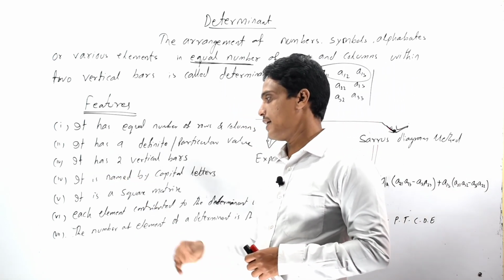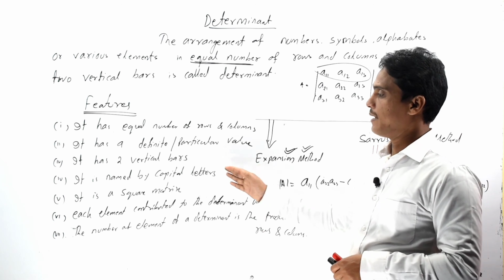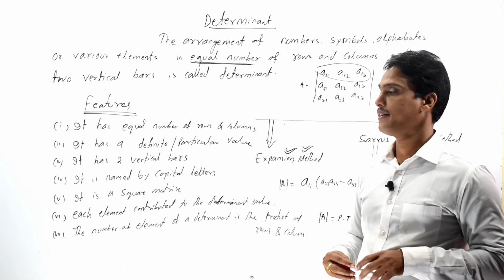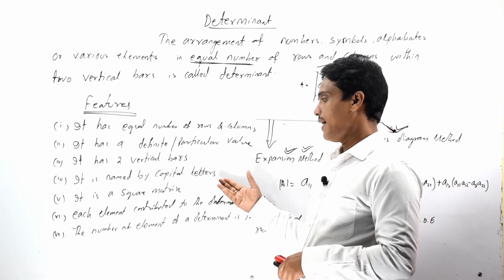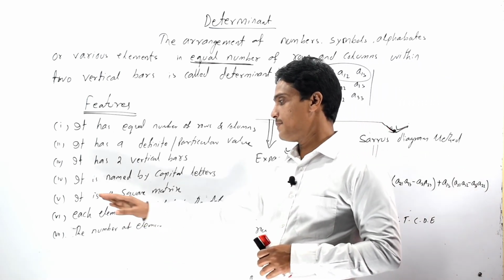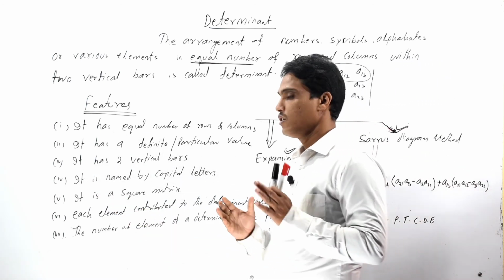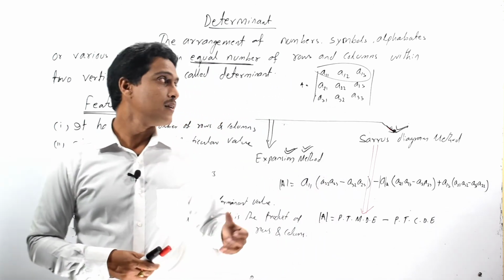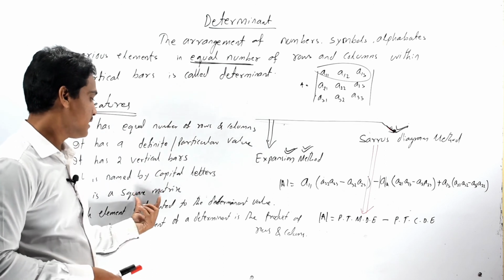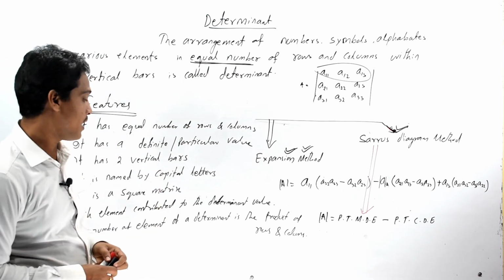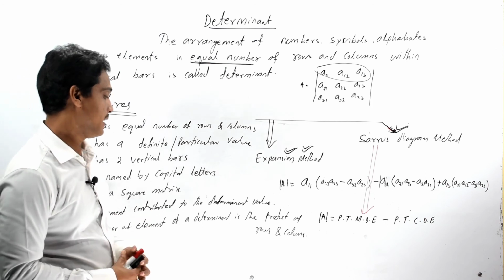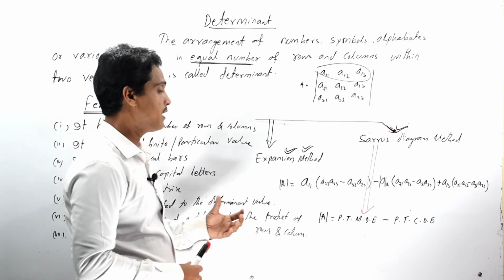Then the next feature is that each and every determinant is always named by capital letters of the English alphabet and its elements are always small letters. Then our next feature is that it is a square matrix. The next feature is that each element contributes to the determinant value.